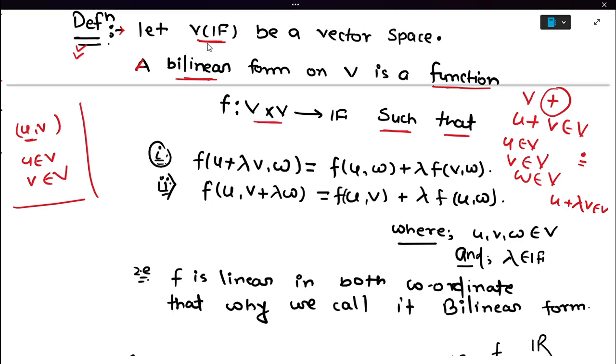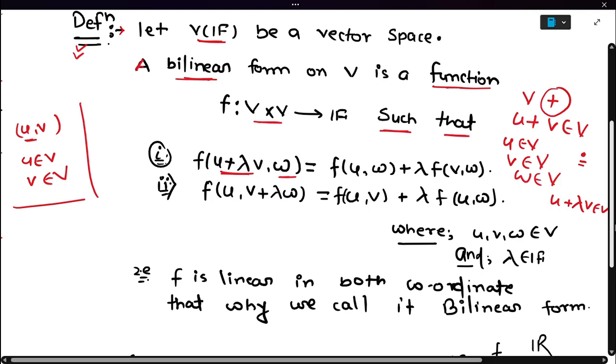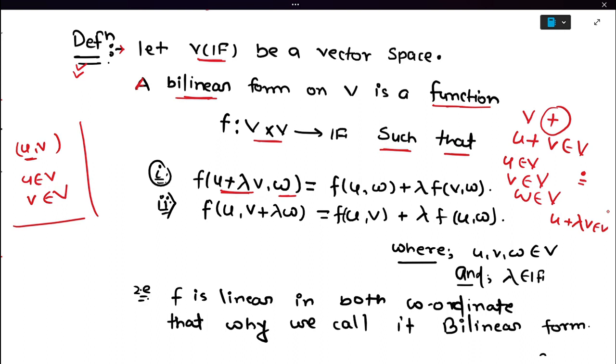will belong to V. So this element belongs to V, this element belongs to V. So we have a function from V cross V, and the image element will be in F, a field member. The condition is that f(u + λv, w) equals f(u, w) + λf(v, w).